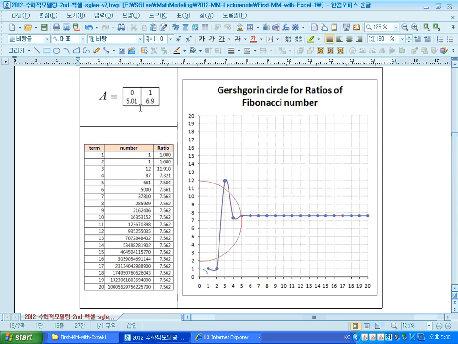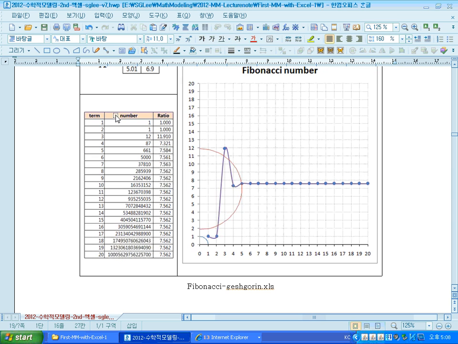If we choose U and V of these numbers, then as n increases, the sequence increases in this way, and the ratio of increase converges to this number, which is the largest eigenvalue of this matrix.